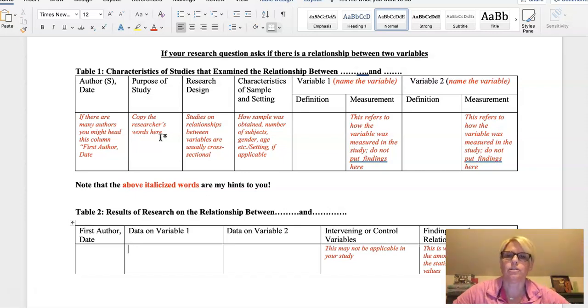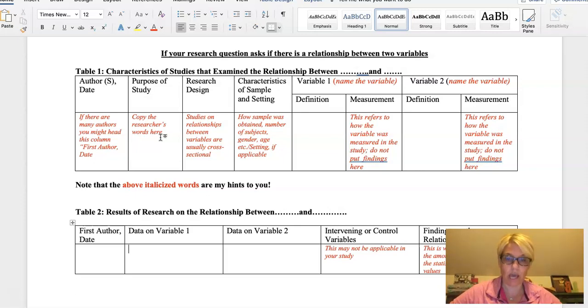Another thing to keep in mind about these tables is that we try not to use a lot of words. So try your best not to have complete sentences. When we talk about how many participants were in the study, we wouldn't say the number of subjects included was 455.